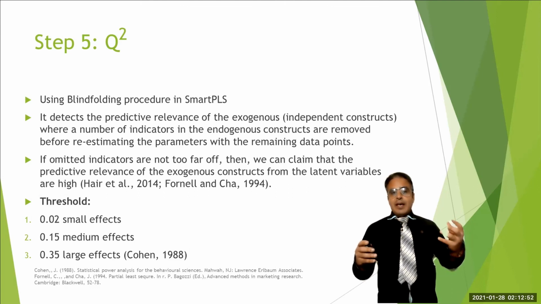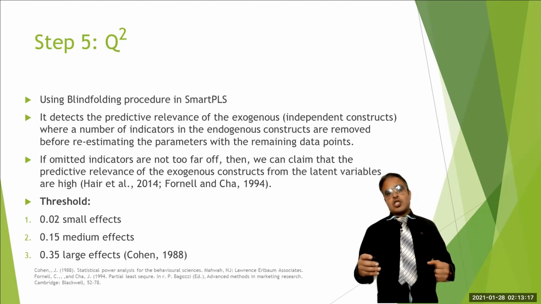So we omit some indicators in our model, and we check the impact of the omission. If the omitted indicators are not too far off, then we can claim that the predictive relevance of the exogenous construct for the latent variables is high.